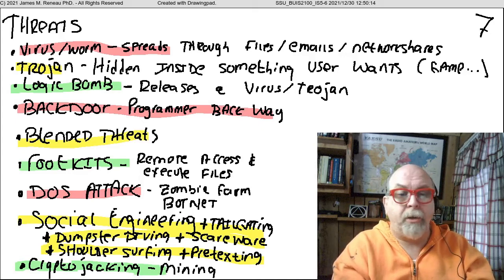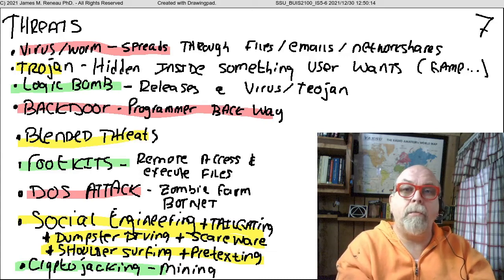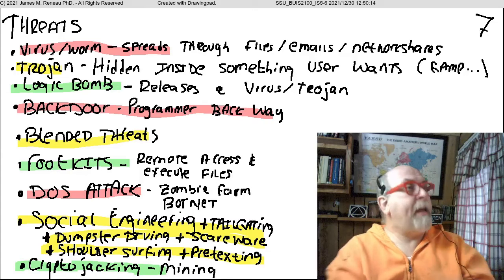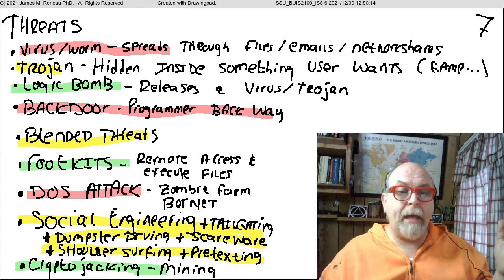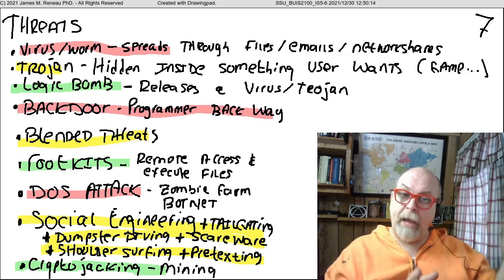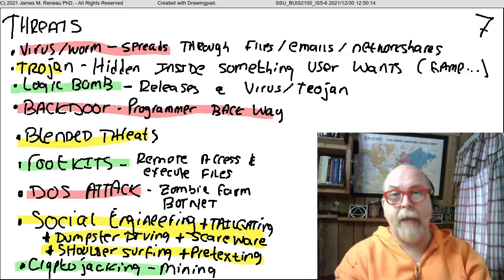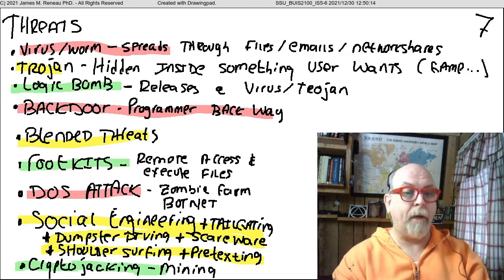So shoulder surfing. Tailgating. Tailgating is, imagine you've got a gate to get onto a secure property. Well, tailgating is the gate goes up to let one car through, and two cars go through really close together. Tailgating, and that's often one way.